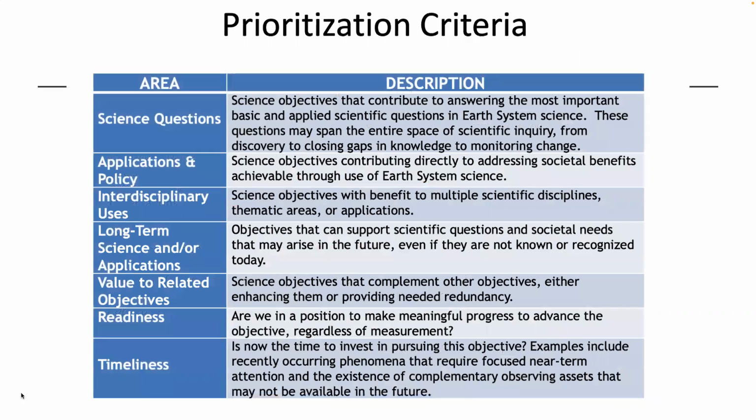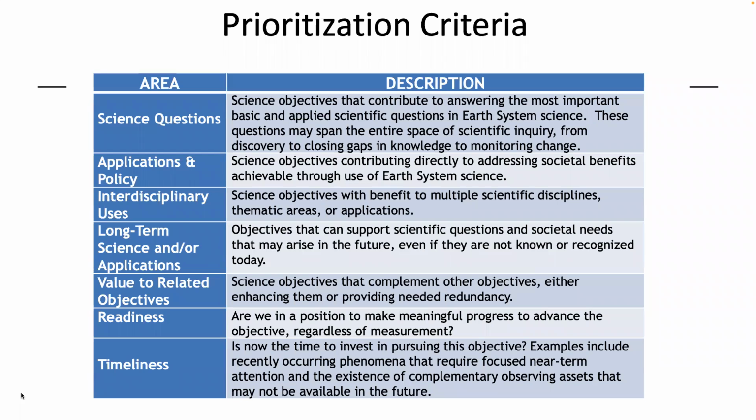Okay, so what are the prioritization criteria? I'm going to go through this kind of quick because you have access to these slides. There are some science questions, and all these different priorities, or ways in which this group has looked at the potential opportunities for satellite observations of the Earth's surface and how they are going to rank these things. So, things that complement each other. One of the big differences in this decadal survey is this readiness piece.